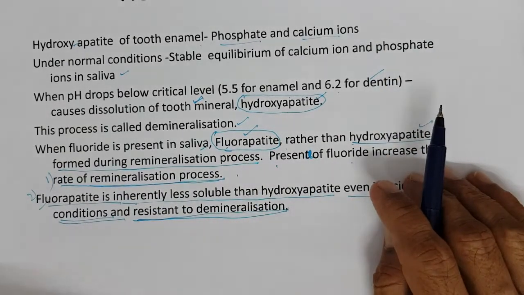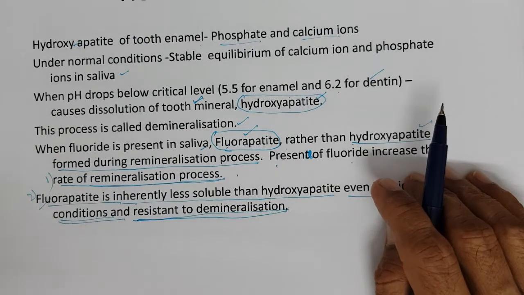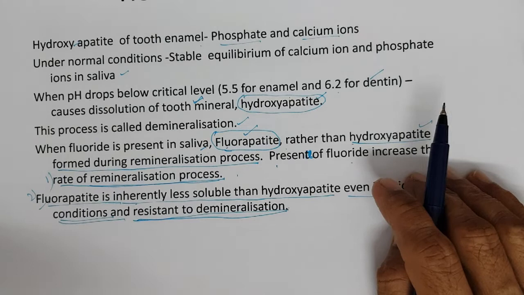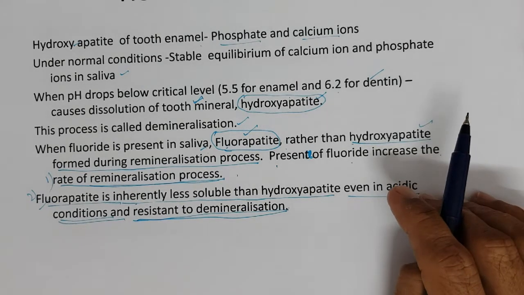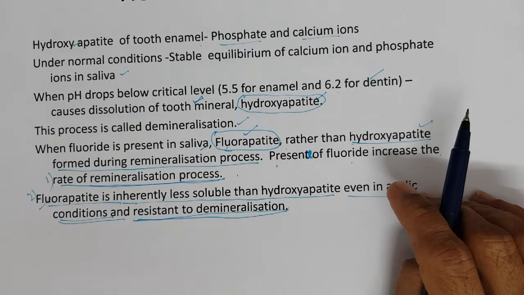Fluoride works when the cavities are forming initially, fluoride helps to repair the cavities, right? One, by increasing the rate of remineralization. Two, by forming fluoroapatite and that is deposited.